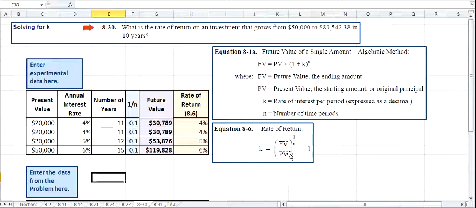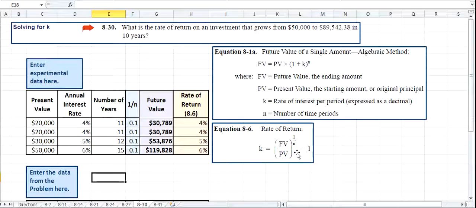Now, you can see the formula. Once you find that, you can actually use this formula right here. I've put this formula, K equals future value over present value, all raised to the power of 1 over n, minus 1. You can't do this formula until you know n, right? Actually you can, sorry.